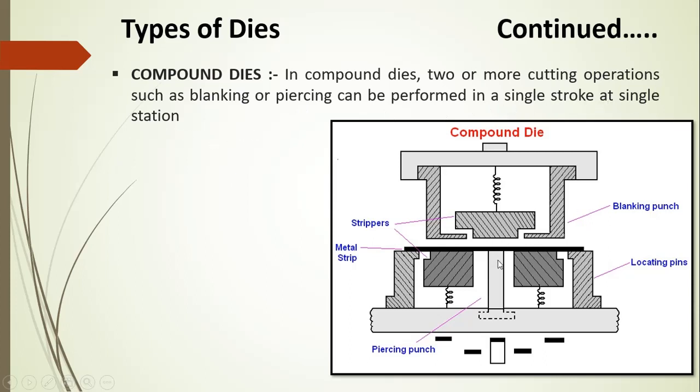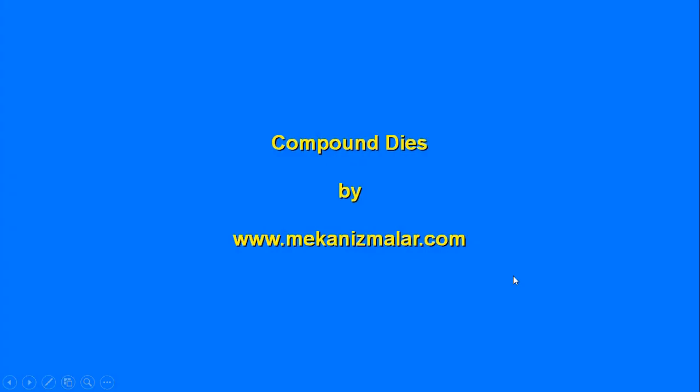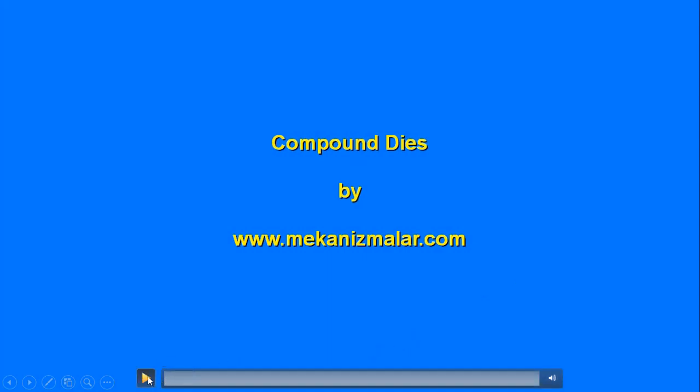This is your center rod. From the upper side we apply the force. That center rod will make one hole on the internal side. If you observe the bottom, this is a hole, and whatever the disc is, it will be cut from this side and this side. In the next slide we will see the video on that compound die.